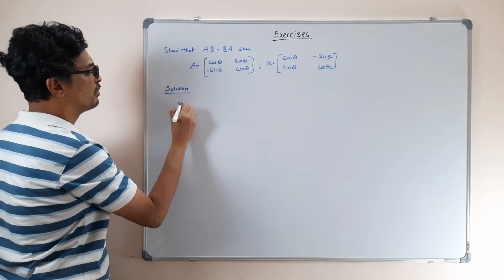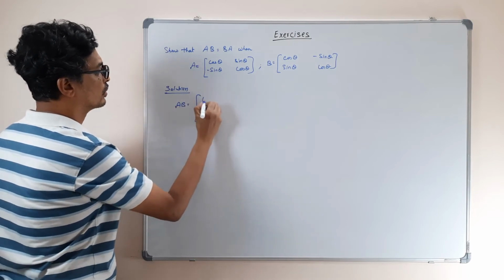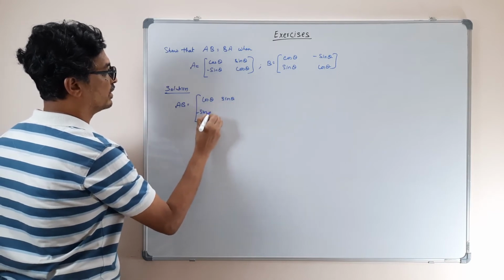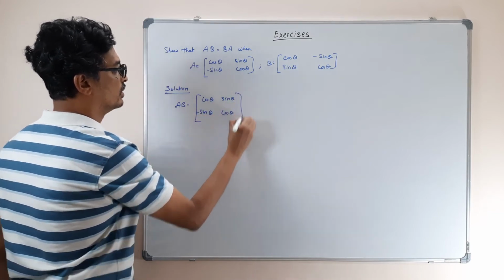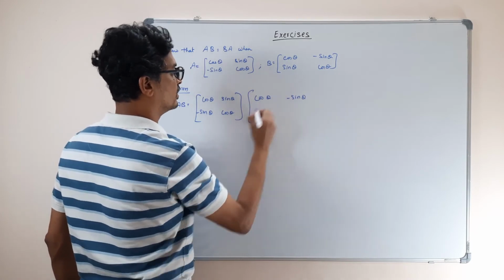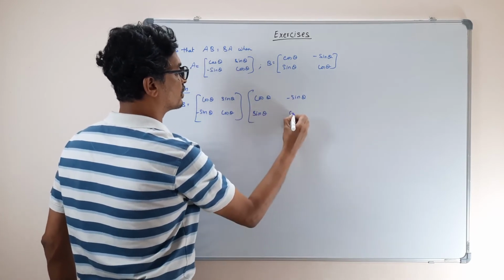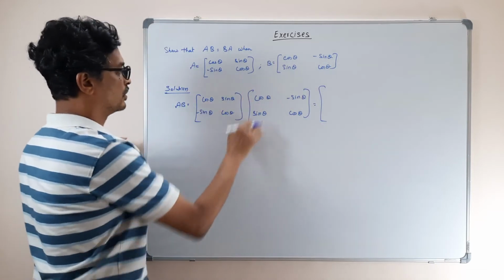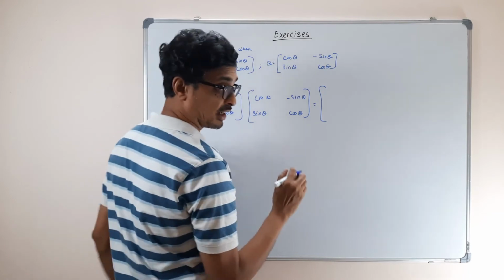What is that? AB will be equal to what? Cos theta, sin theta, minus sin theta, cos theta, into cos theta, minus sin theta, sin theta, cos theta. So tell me what it will be. First row: cos square theta plus sin square theta. Correct?